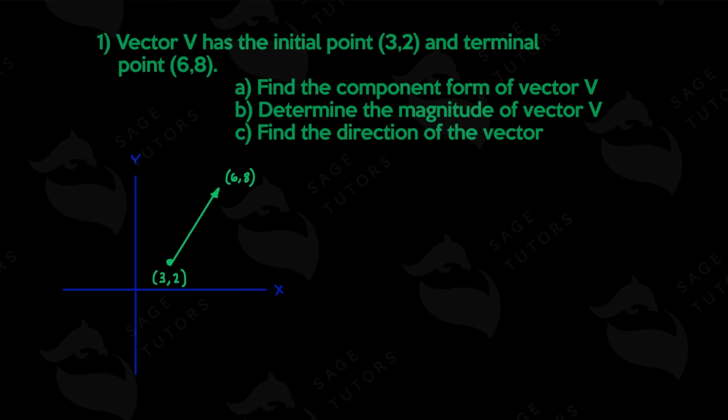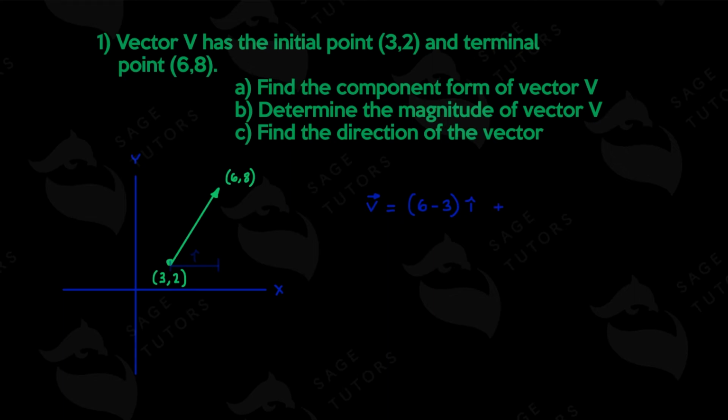Now that we have these values, we're asked to find the component form of vector v, which is what we saw in the Cartesian coordinate system. For the horizontal value of this vector, which would be represented right here, this would be the component I. Since the terminal point has an x value of 6 and the initial point has an x value of 3, the horizontal component of this vector would be 6 minus 3 in the I direction, which is the x direction.